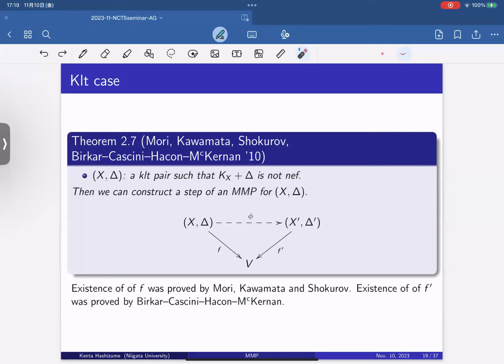For the KLT case, we can always run a minimal model program. Let (X, delta) be a KLT pair such that Kx plus delta is not nef. If Kx plus delta is nef, then (X, delta) itself is a minimal model, so there is nothing to prove. So we only need to consider the non-nef case. Then we can always construct a step of MMP.